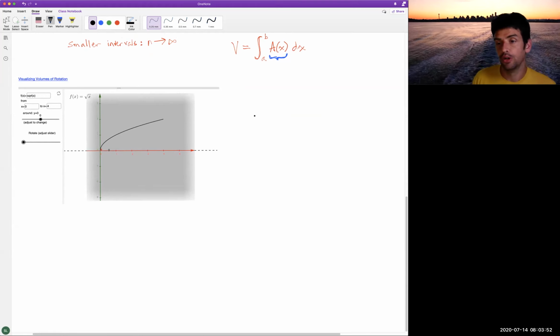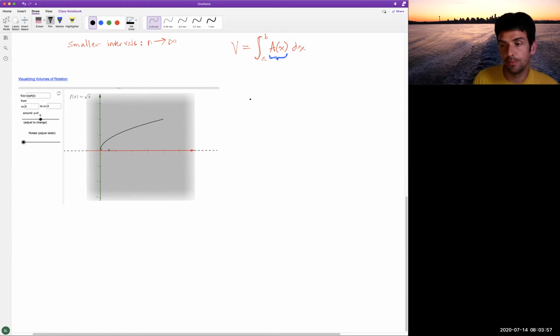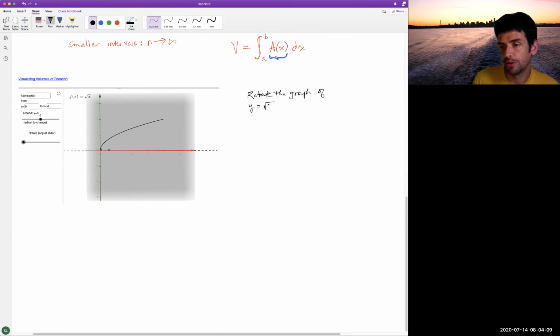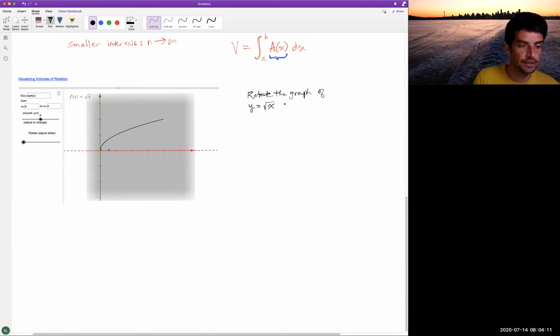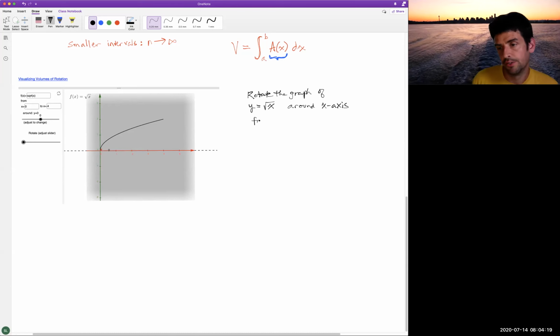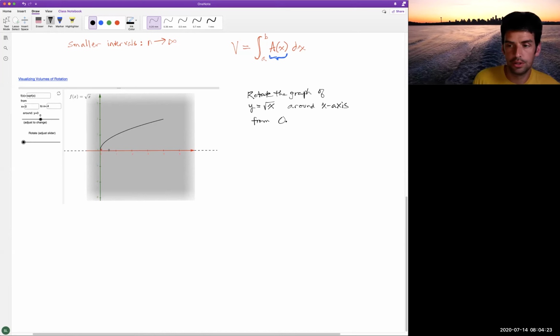Let me make the problem statement. We're going to imagine rotating the graph of y equals the square root of x around the x-axis from 0 to 4.